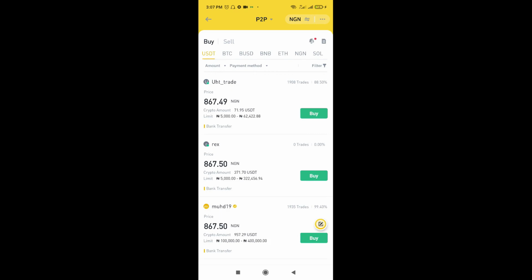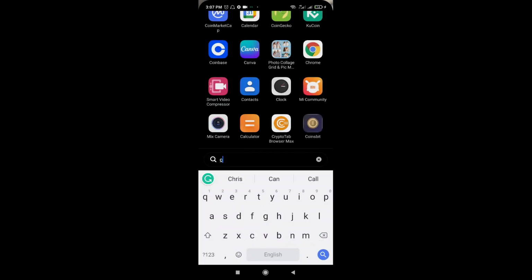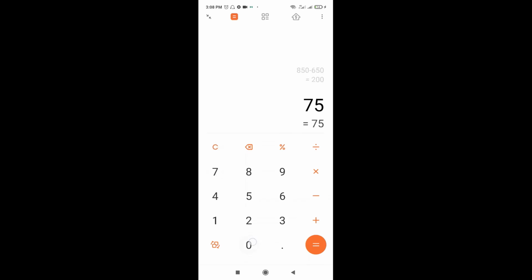This shows you that if you had purchased, let me say, $200 at the rate of, let's say, 750 times 200, that is 150,000, right? At the rate of 750, and now you want to sell at the rate of 867, that is almost 23,000 Naira profit, right? For doing absolutely nothing.